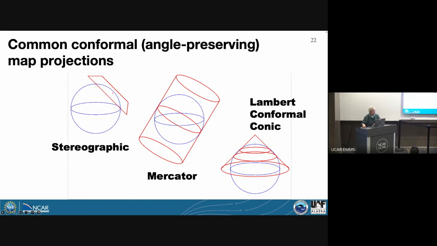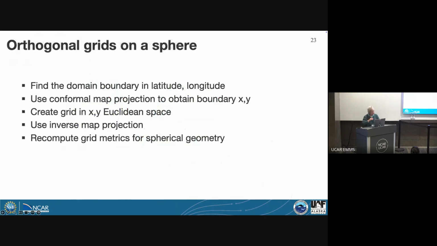It touches the sphere in a circle, usually oriented so that it touches at the equator, and the math is easier with that. The third is Lambert conformal conic, where you have one or two lines of latitude where the sphere and the cone touch. That's often used for mid-latitude domains.